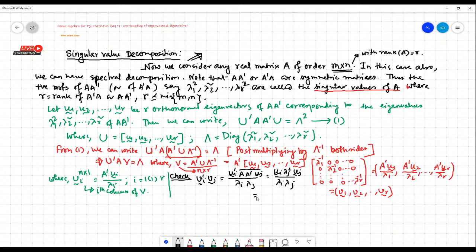So this is equal to lambda j by lambda i times Ui curl prime Uj curl, and since the Ui's are orthonormal vectors, this should be lambda j by lambda i if i equals j, which means this should be 1, and otherwise 0.